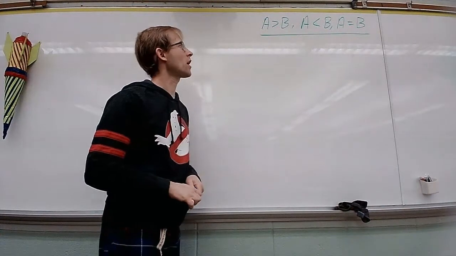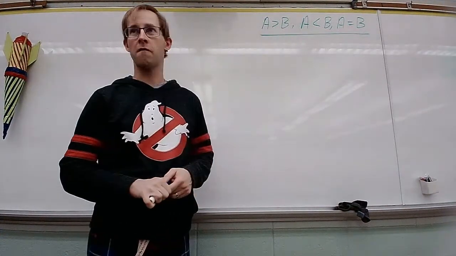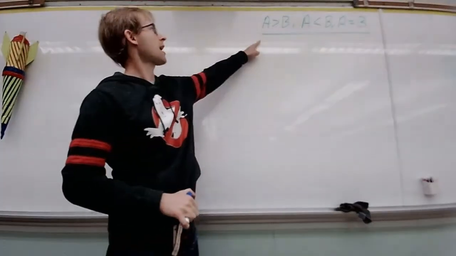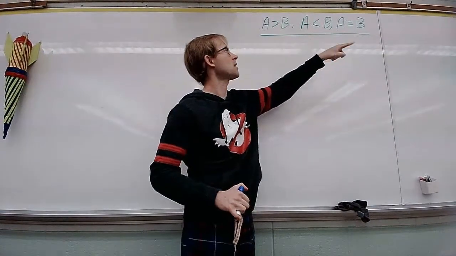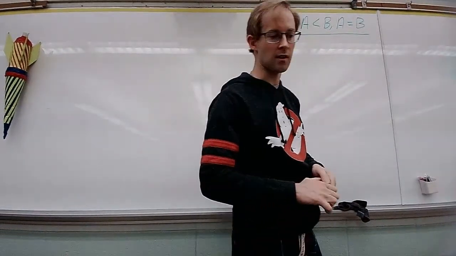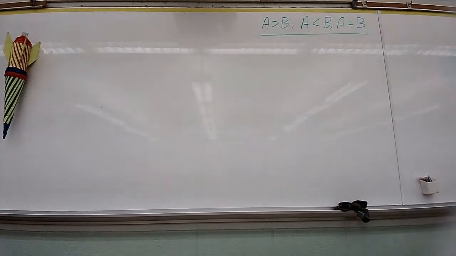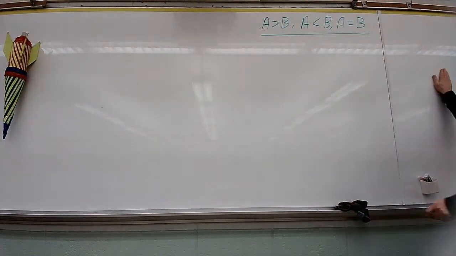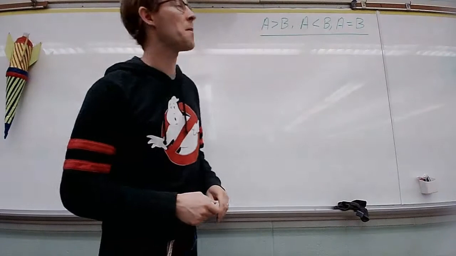So page 1, you're going to be answering in one of 3 ways. A is greater than B, A is less than B, or A is equal to B. So let's see what you're going to have to deal with here. As you probably guessed, this is going to refer to momentum.